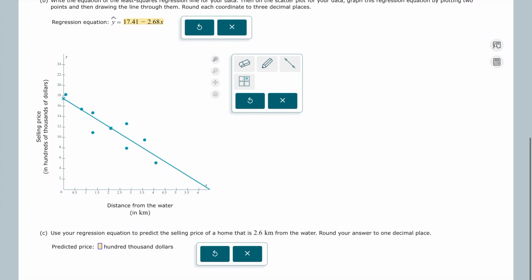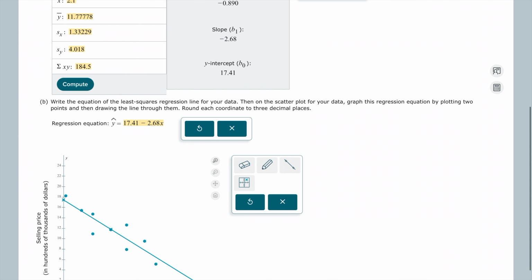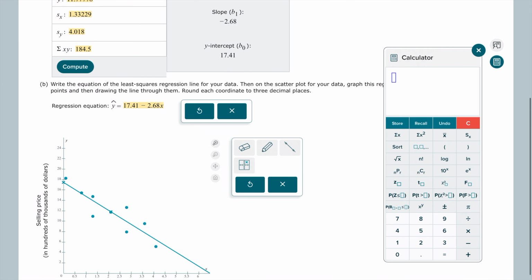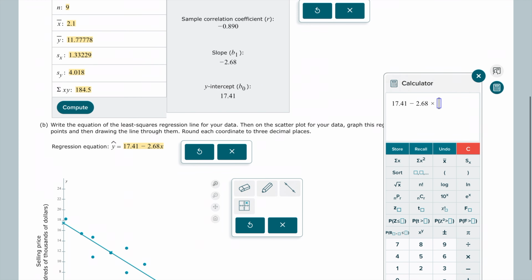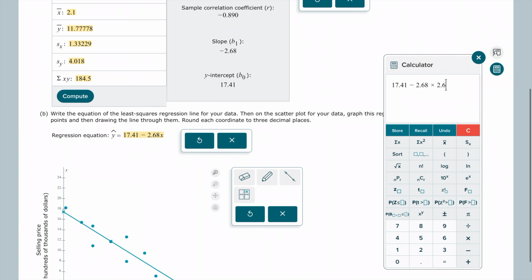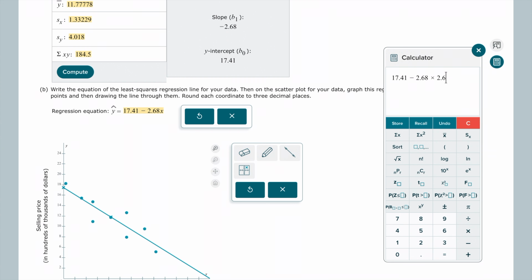And then the last one, use the regression equation to predict the selling price that is 2.6 miles from the water, or kilometers. Oh, I was talking miles the whole time and it was kilometers. That's okay, still works. So 17.41 minus 2.68 times, what was our number? 2.6. Okay, we just plug that in for our x.